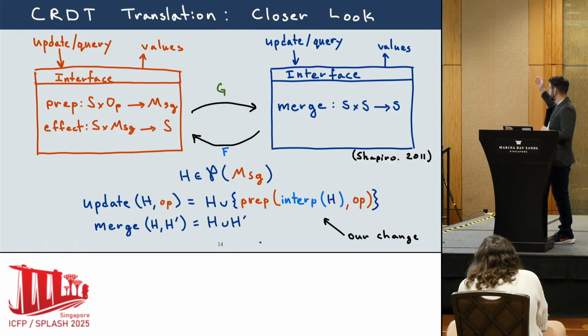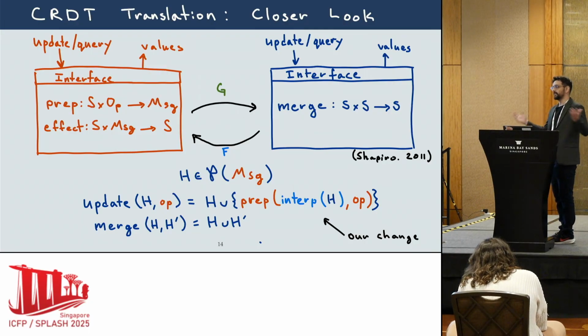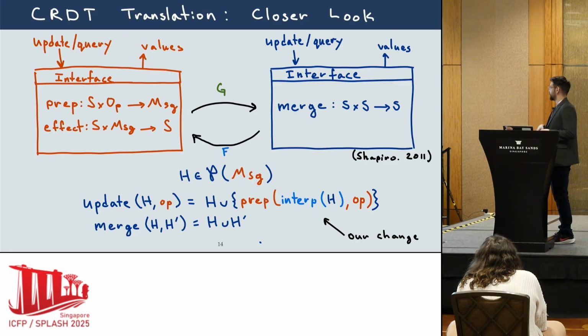The state-based CRDT is mostly defined in terms of the join semilattice and merge. So the normal translation that you would use here is, for the state-based CRDT, we would represent the state as sets of messages. When we do a local update, we delegate to the underlying op-based CRDT to generate a message and then add that message to the set.